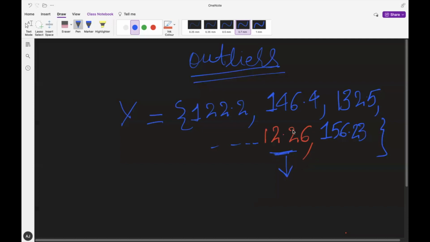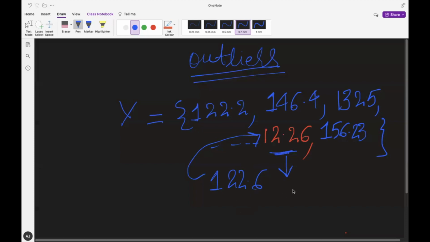Such an observation is called an outlier observation, and outliers can happen because of multiple reasons. In this case, the outlier could have happened because somebody, instead of writing 122.6, has mistakenly written it as 12.26. So it could be human errors, it could be observational errors.